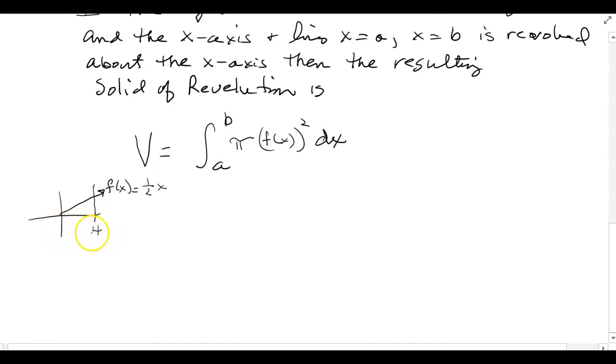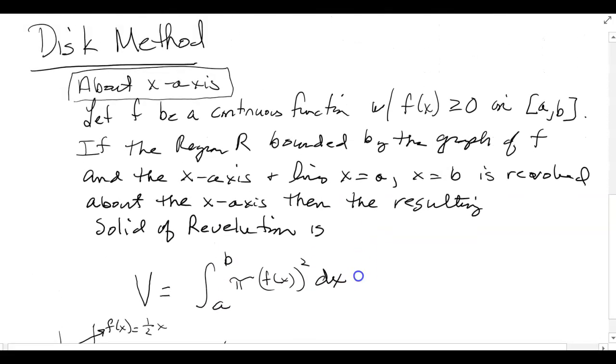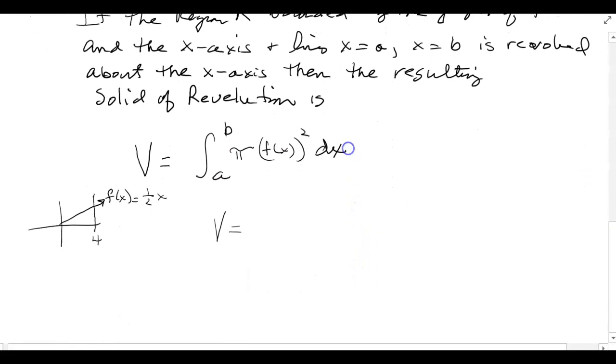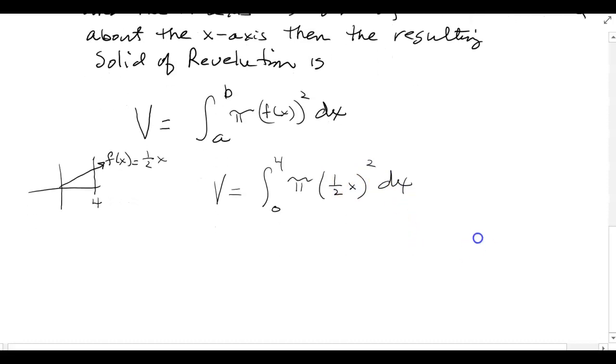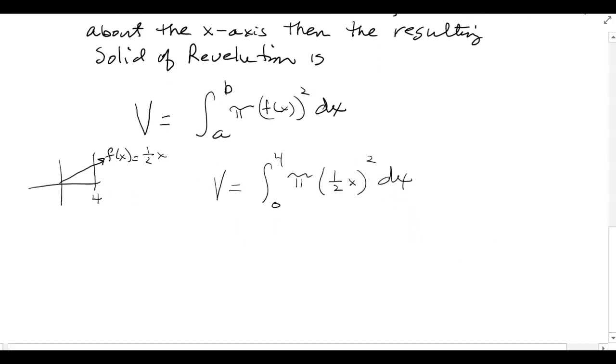All right, so plugging it into our disk method, revolving around the x-axis, to get our volume, we're going to go from 0 to 4 of pi times (1/2 x) squared dx. And we're simply going to quickly solve this.